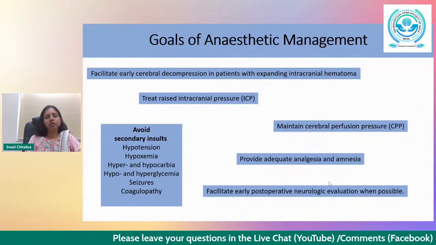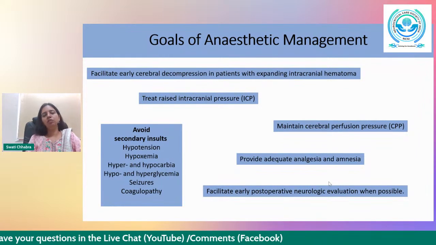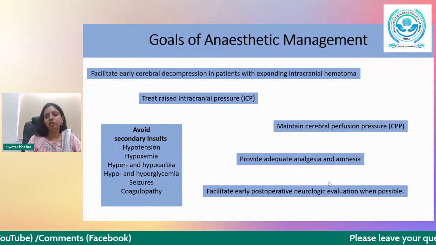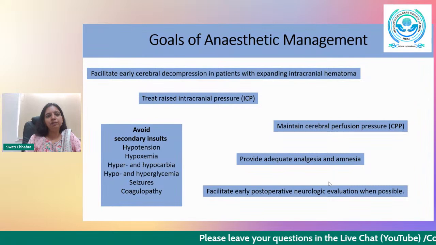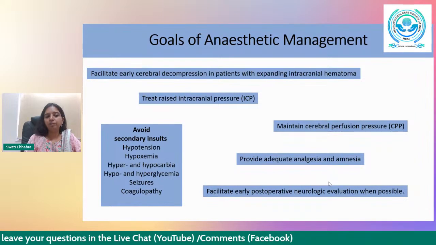The monitoring can be continued during transport and surgery. Mostly EVDs are placed, so they can be both diagnostic for ICP measurement as well as for the management of raised ICP. We should maintain cerebral perfusion pressure and avoid secondary insults like hypoxemia, hypotension, hyper and hypocarbia, hypo and hyperglycemia, seizures, and coagulopathy.